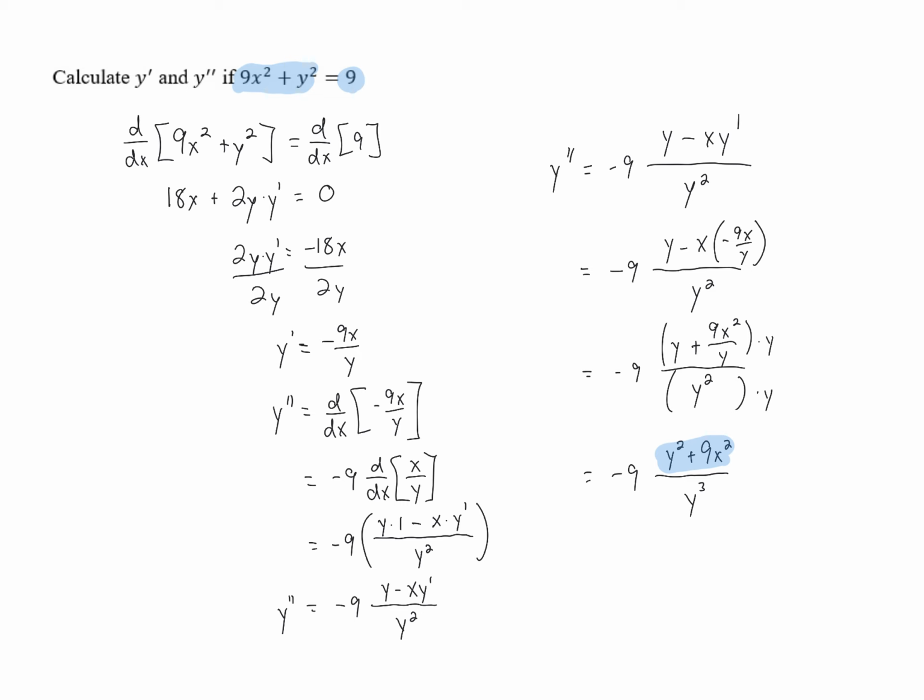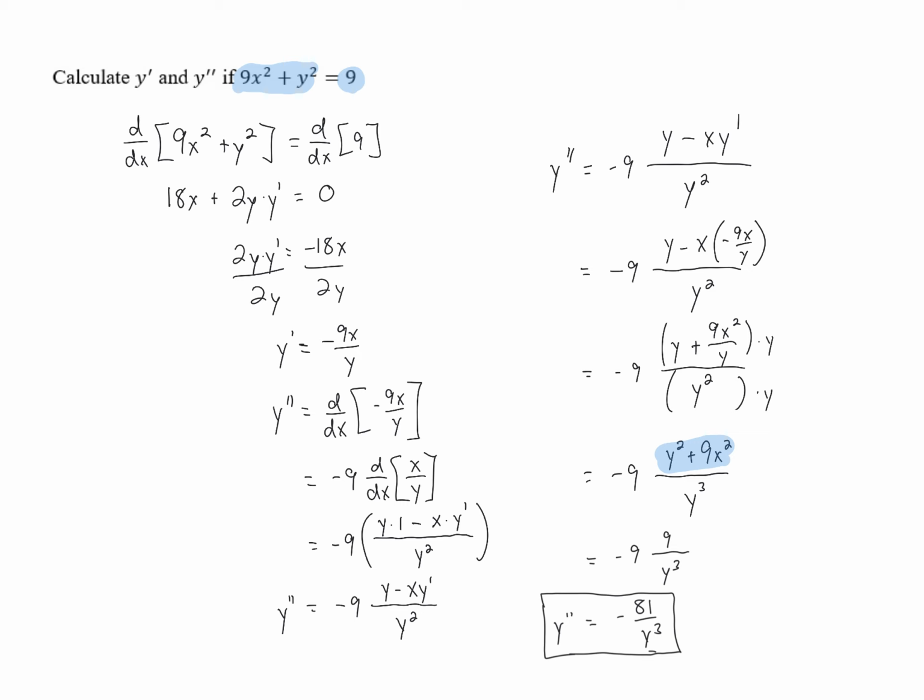So this whole thing that I've just highlighted is actually equal to 9. So we can rewrite this as negative 9 times 9 over y cubed. And that is the same as negative 81 over y cubed. And so our second derivative is just equal to negative 81 over y cubed.